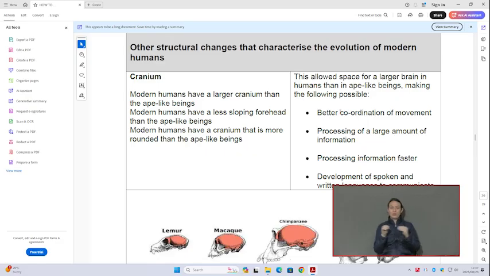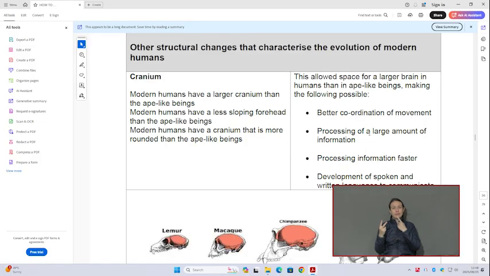You see that better? It's very important. If your answer does not have better, you just write coordination of movement, your answer is incorrect. Other primates can coordinate and they can move. But for us, because we have a larger cranium, it allows for better coordination of movement.